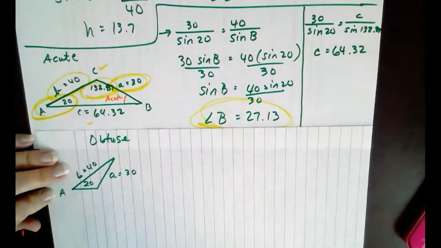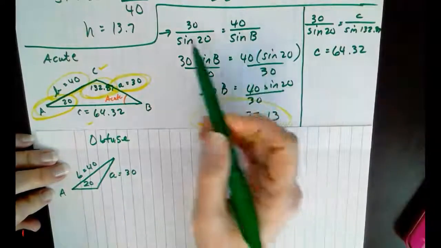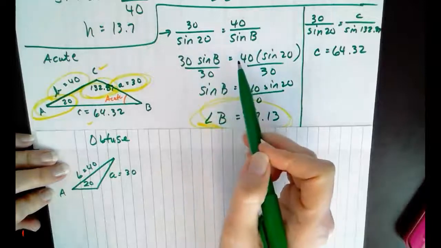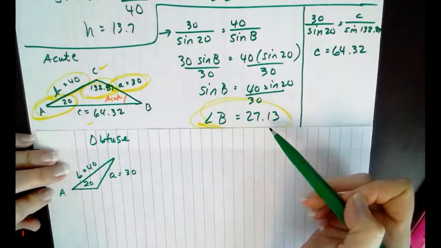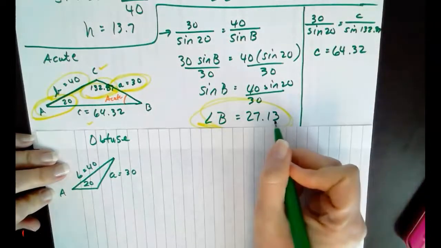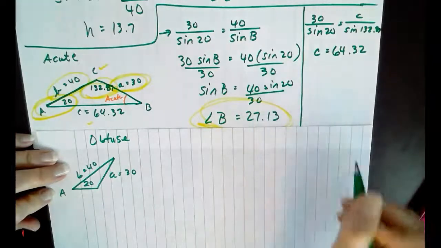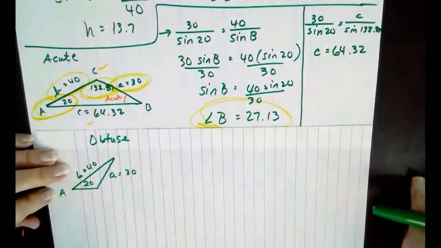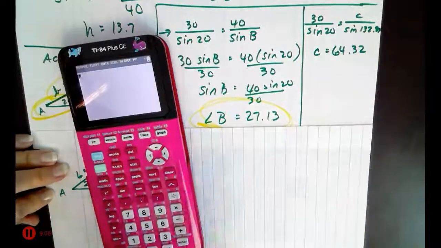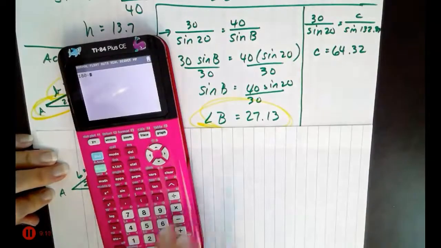So like we talked about in class, if I were to rewrite all of this again, I'm going to get the same result. But remember, we're now going to use this 27.13 as the reference angle. So it's the supplement: 180 minus 27.13.